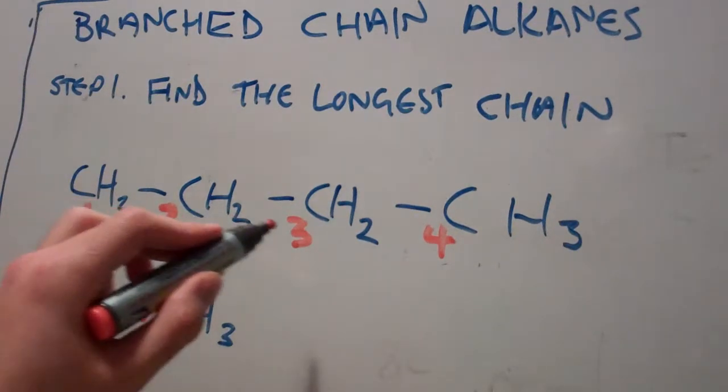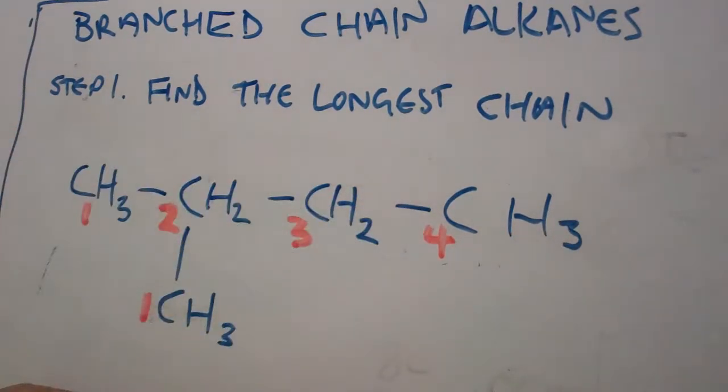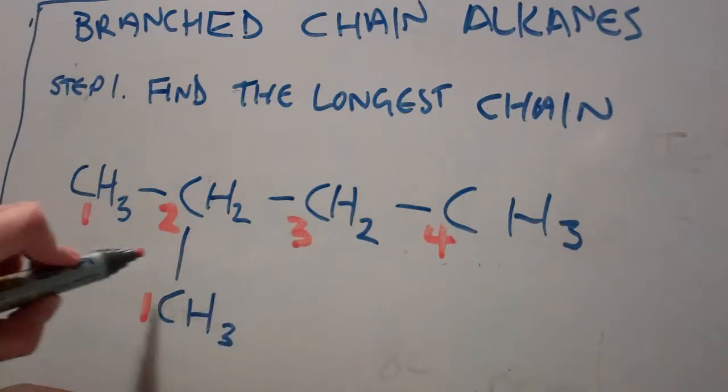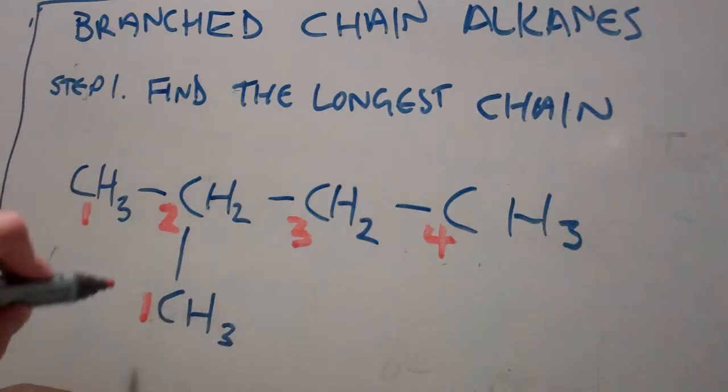It doesn't matter which one you use, as long as you start numbering from the left-hand side, because that is where our alkyl group is. You want to start from the side that is closest to the alkyl group when naming.